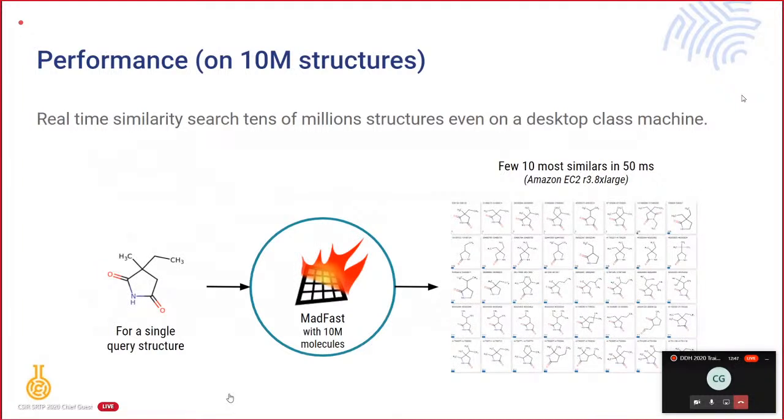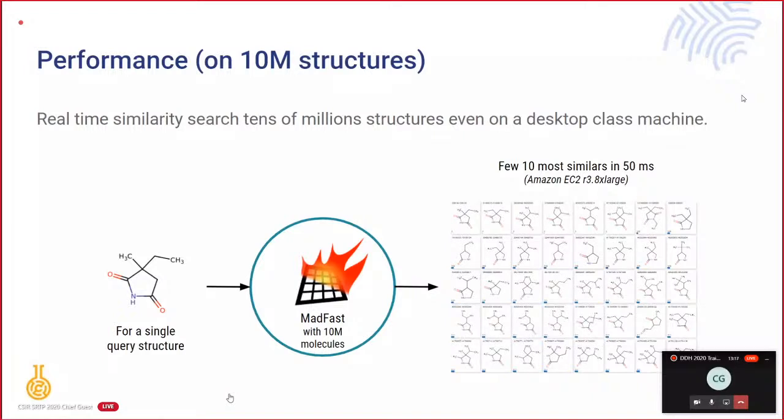As the next step, I would like to share some performance details on what raw performance can be expected from this tool on a server class machine. For this reference, I used an older Amazon EC2 instance, and the numbers mentioned here are for searching or handling 10 million structures.